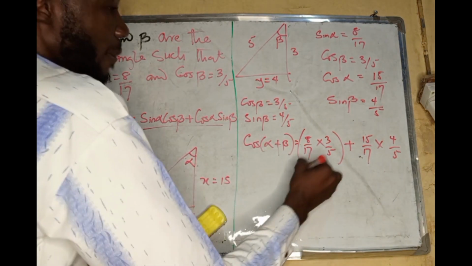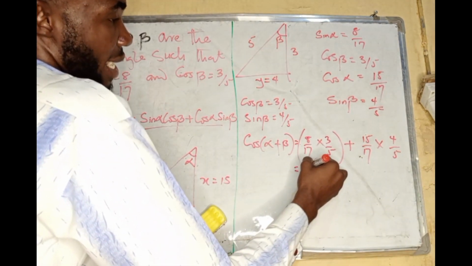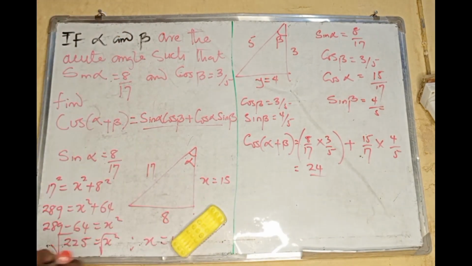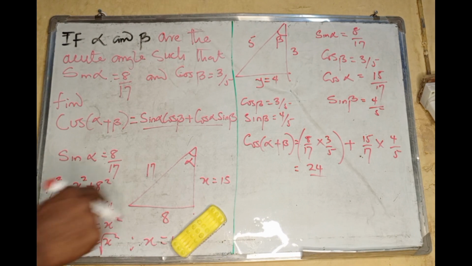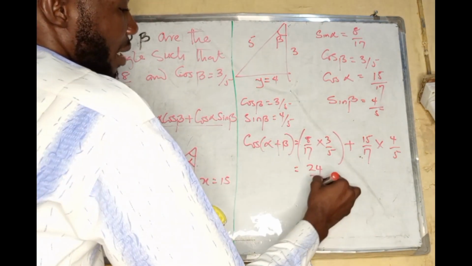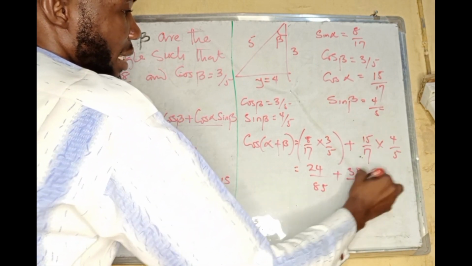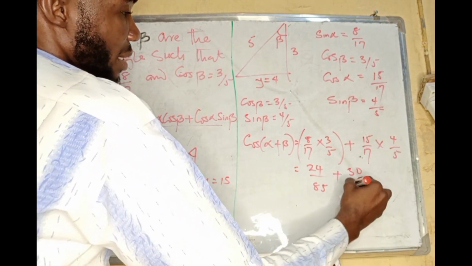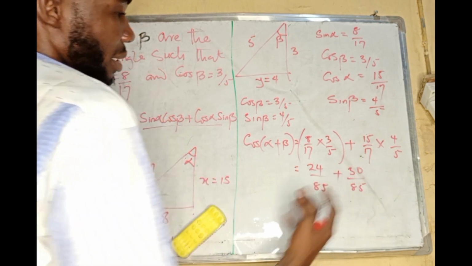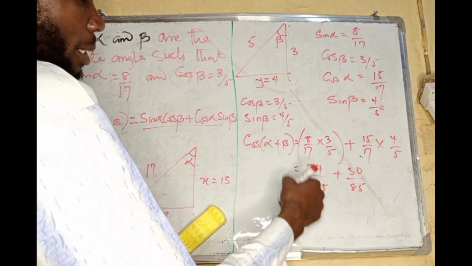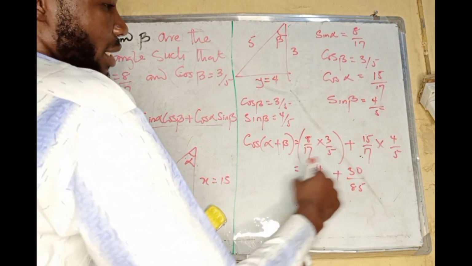We have it to be 3 times 8, which is 24, and 17 times 5, I think that should be 85. Yeah, 85. 4 times 15 is 60, and 17 times 5 is 85. You know, they both have the same denominator, okay? So, guys, finally, here becomes 24 plus 60, all over 85.